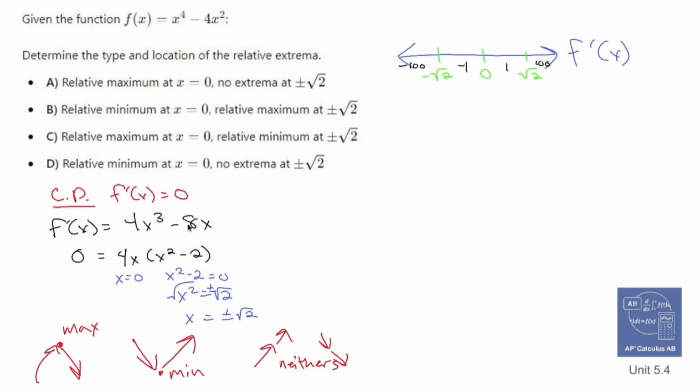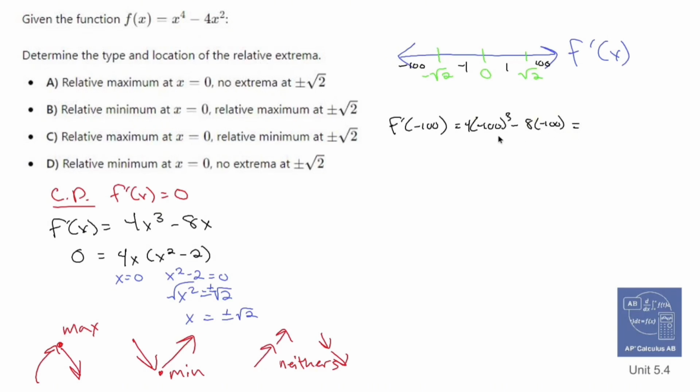So let me take this formula right here. Those negative hundreds I'm going to regret, but you'll see what happens. It's actually not going to be bad at all. Let's do f prime of negative 100 and see what we get. f prime of negative 100 is 4 times negative 100 cubed, minus 8 times negative 100.